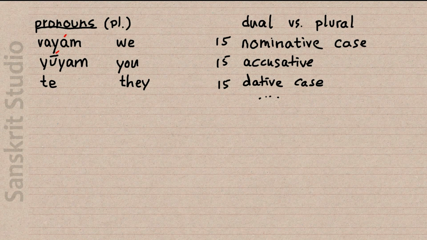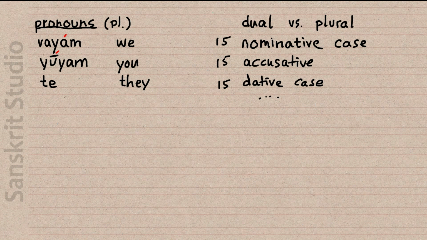Alright, so we have vayam, yūyam, and te. And note also here that in Sanskrit, although the e here does not have a long stroke over it, this is because the e is always long.